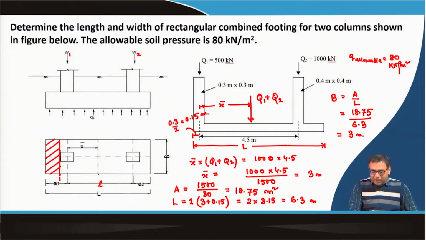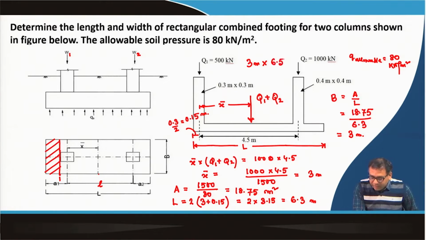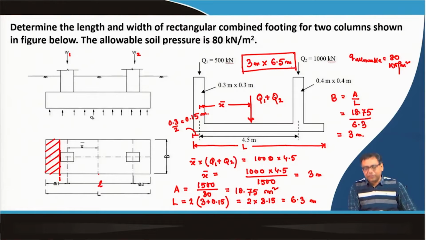So, the final dimension of this foundation is 3 meter cross, if I provide in round figure, I can provide 6.5 meter. So, this will be the probable dimension of this foundation.